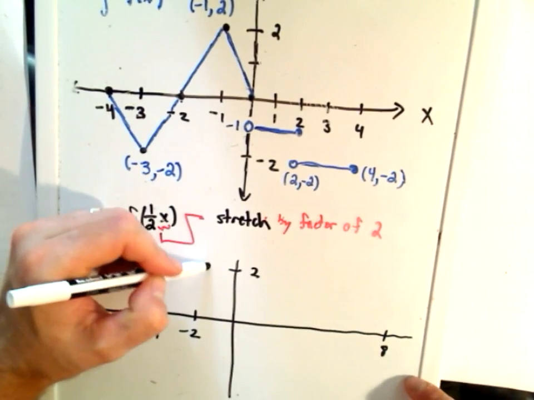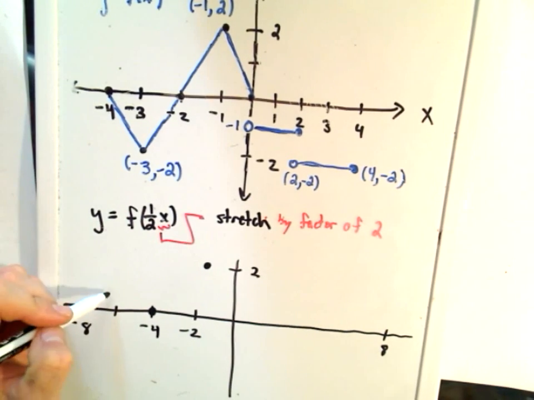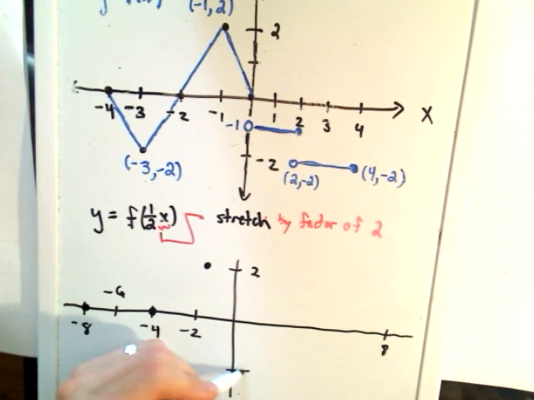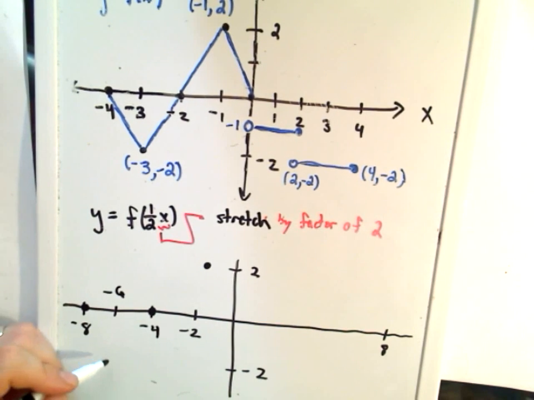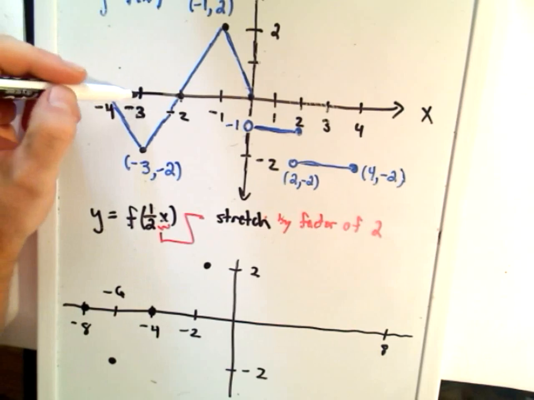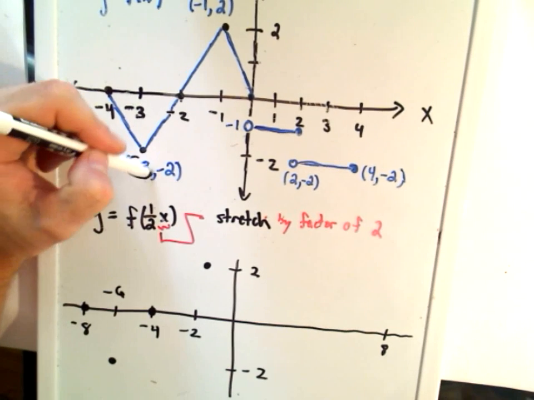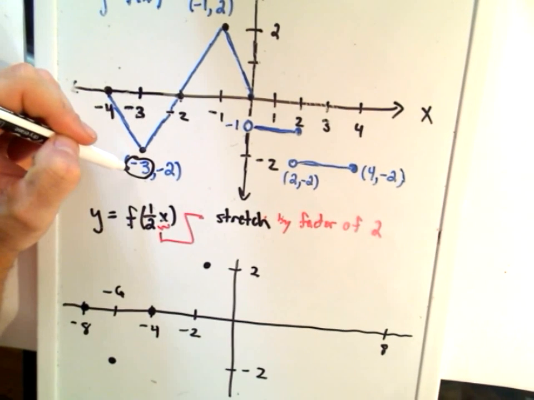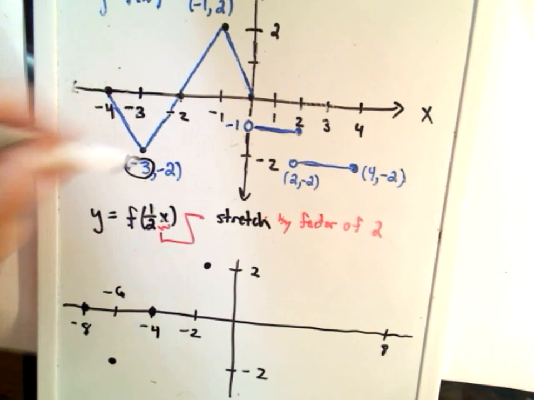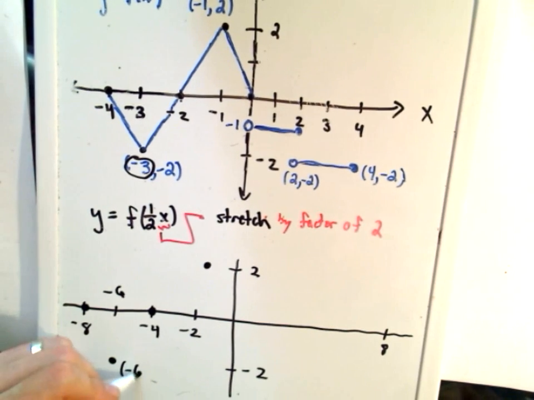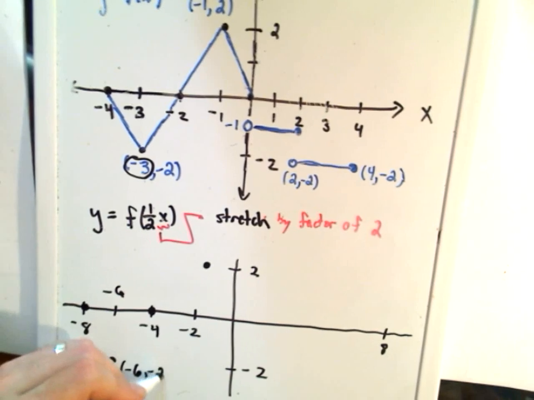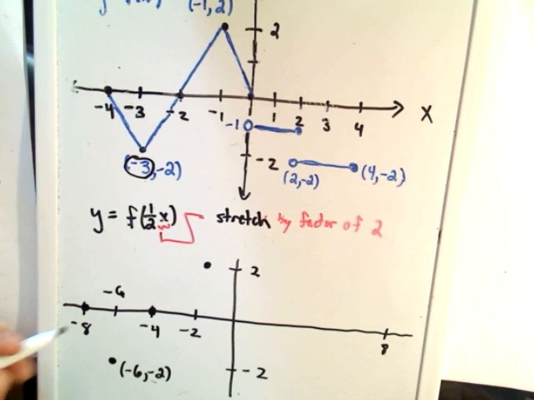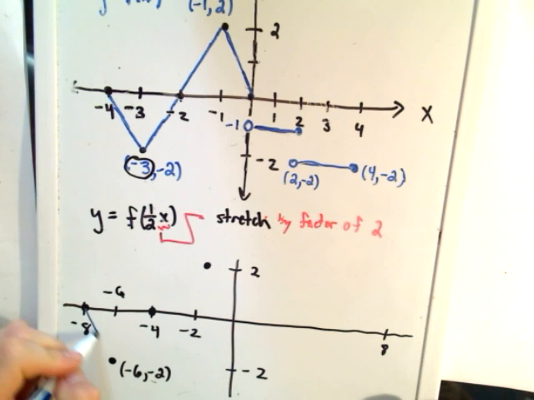And then we'll be up here at a height of 2. Likewise, at -3, we're going to be down here at a height of -2. Again, if you multiply that original x-coordinate by 2, you're going to keep that same y value, but the x value turns into -6. So again, connect the dots.